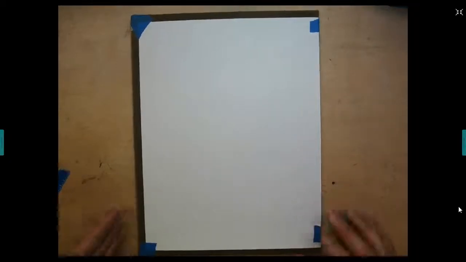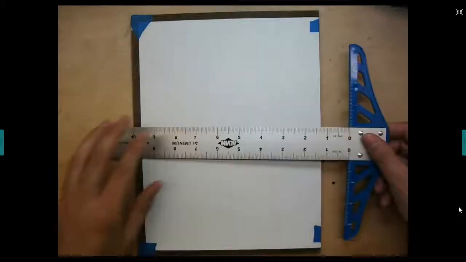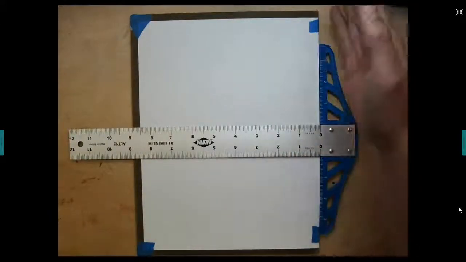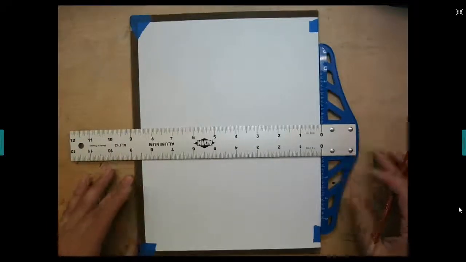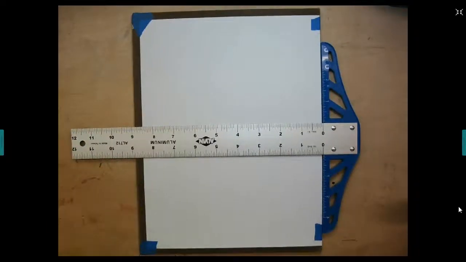So my board, my paper, perfectly square, and I'm going to focus most of my movement using this edge. Okay? So now I'm going to start drawing the title block.